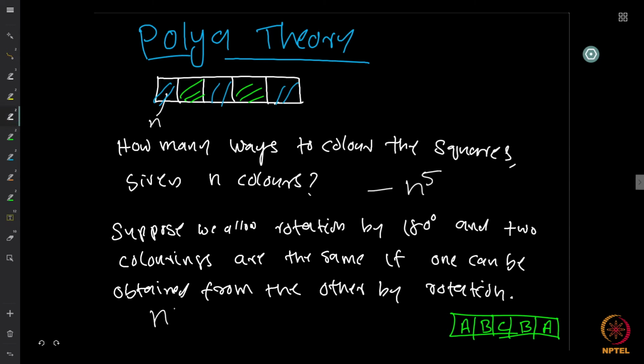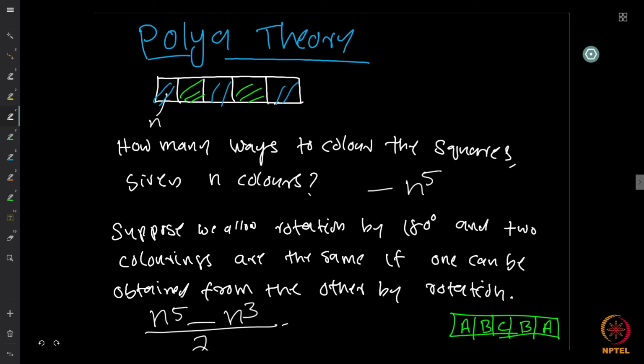So out of the total n raised to 5 colorings, there are n cube such colorings, because for the first three cells I can choose any of the n colors, but then there is no choice because I just use the colors that I already have on the remaining cells. So out of these n raised to 5 minus n raised to 3 colorings, each of them under the rotation will give a different coloring, but they are equivalent, so I can divide by 2.